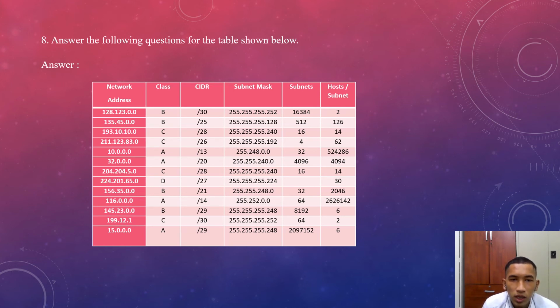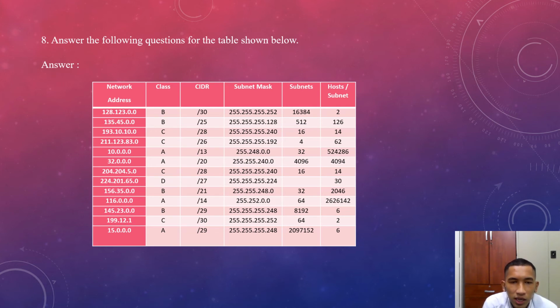For question number 9, class is B, CIDR is /21 and subnet mask is 255.255.248.0. Subnet is 32, host per subnet is 2046.